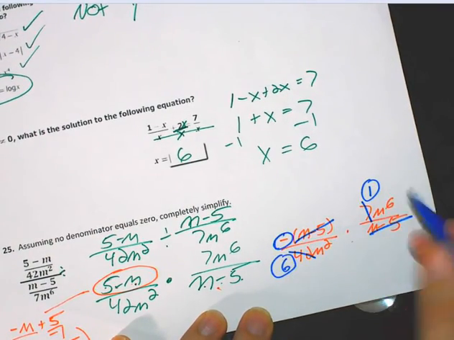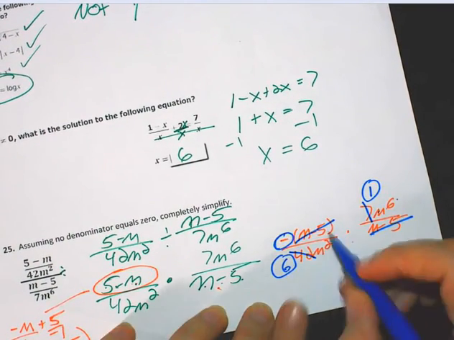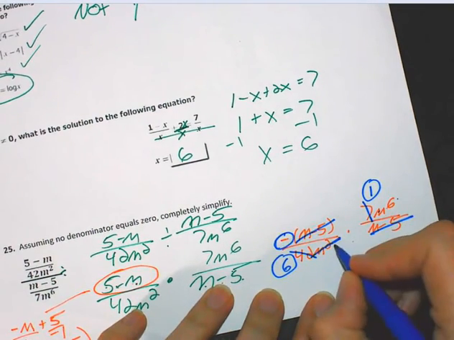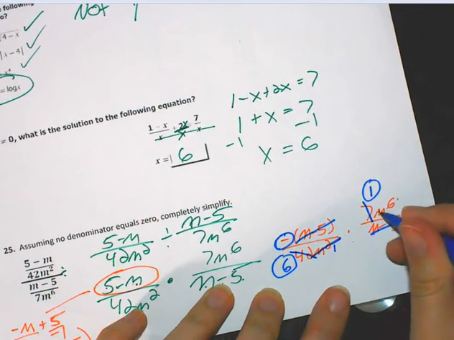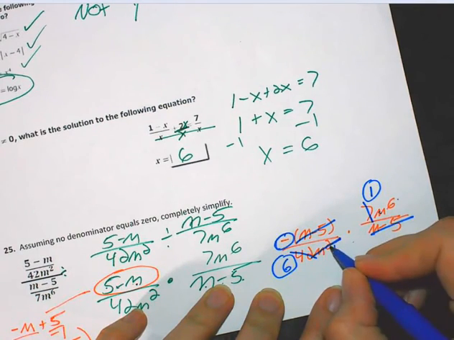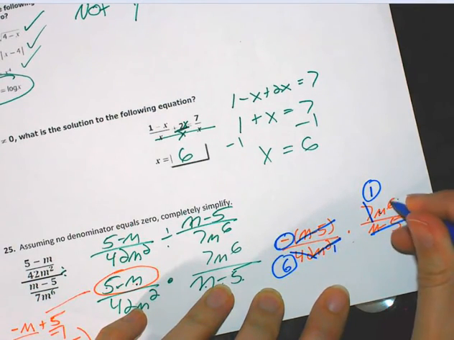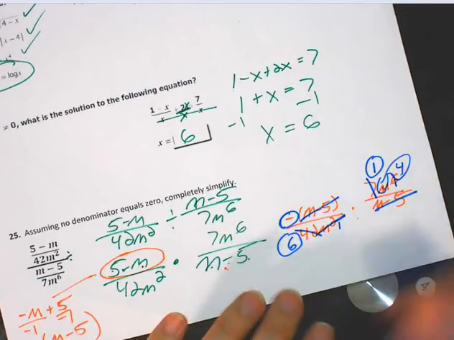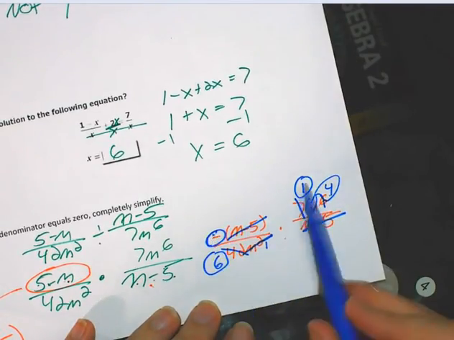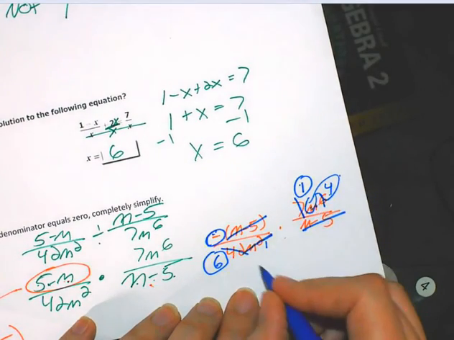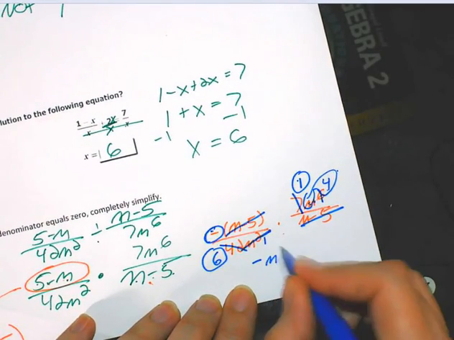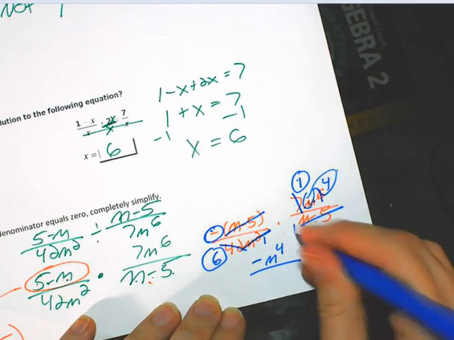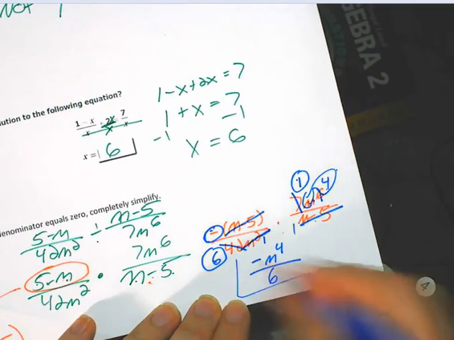That's 6. m to the 6 over m squared: m squared will go away, which leaves 1, and then m to the 6, so 6 minus 2 leaves me m to the 4th. So I have my m to the 4th here. Now we can multiply straight across. Negative 1 times m to the 4th gives me negative m to the 4th over 6 times 1, which is 6. That's your final answer.